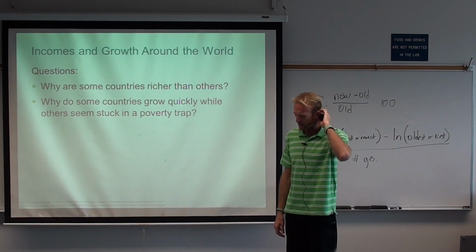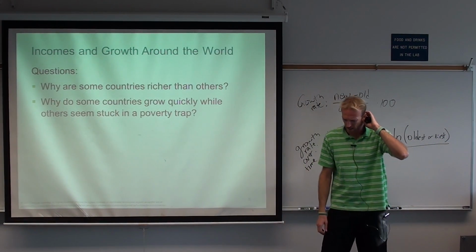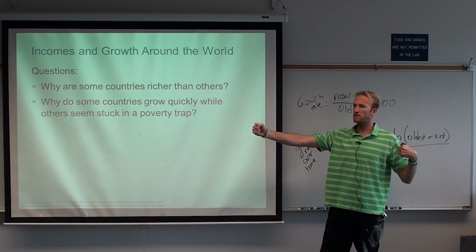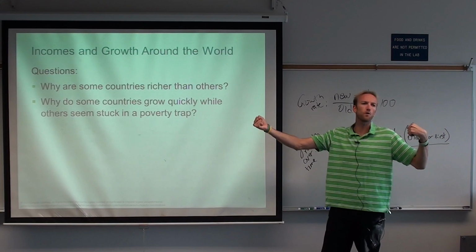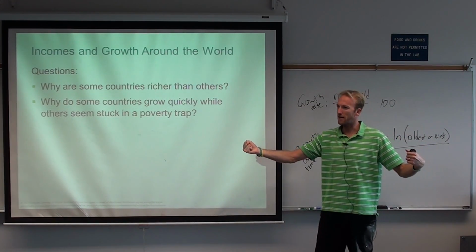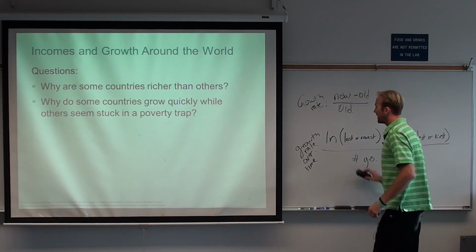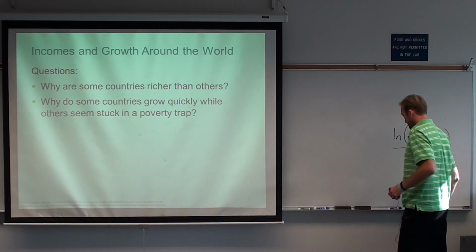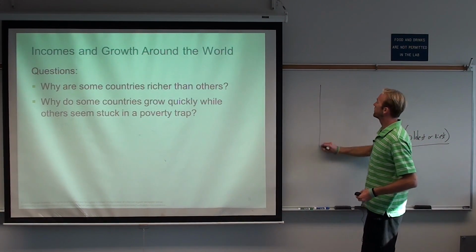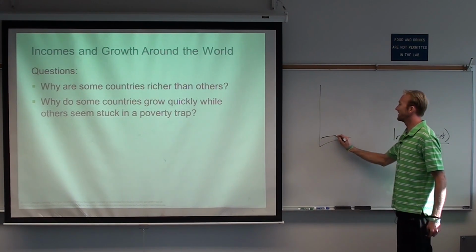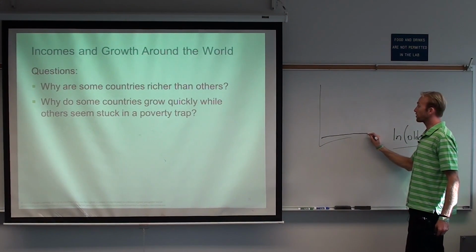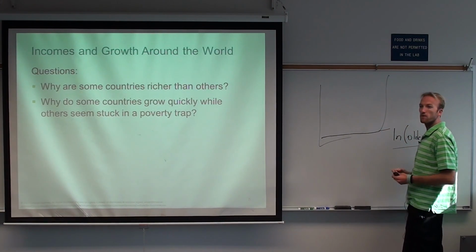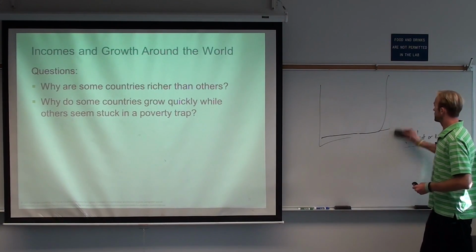One of them, I think, is Angus Maddison did a comparison of the GDPs over all of recorded history of each country, and it's very interesting. All countries, even ones that we consider rich now, right? They started out like this for a long time, and then some countries all of a sudden shot up, and some countries have kept going, right?